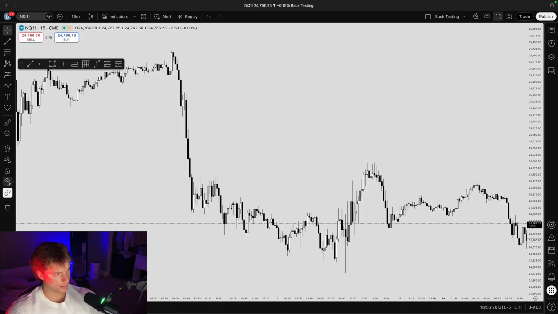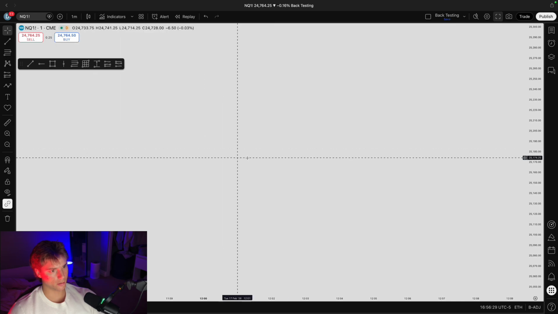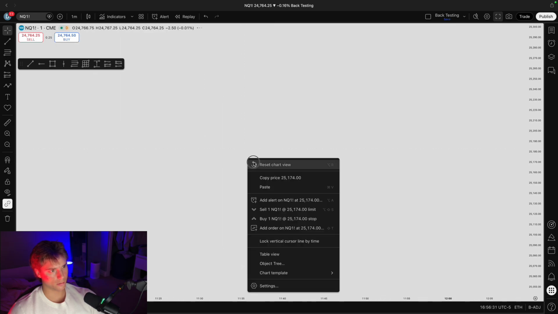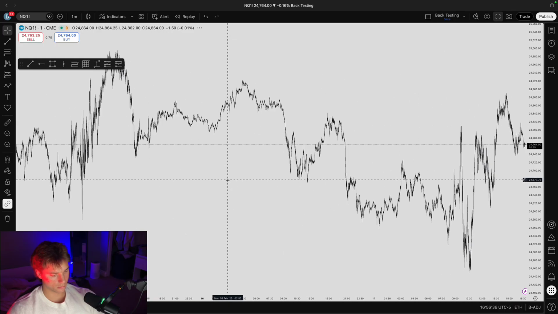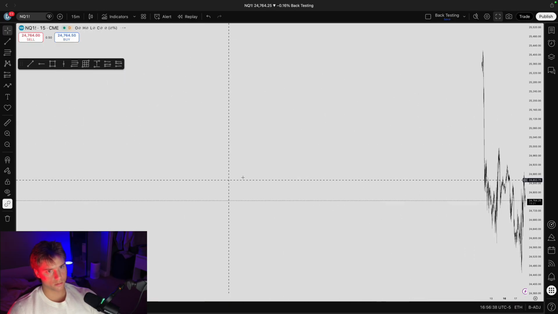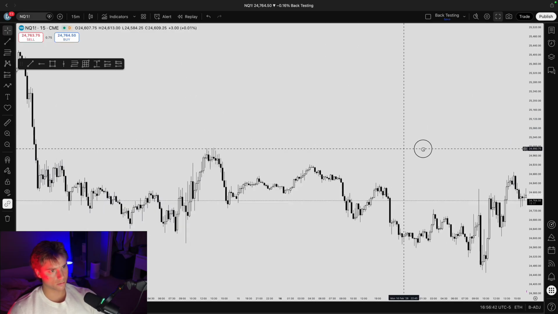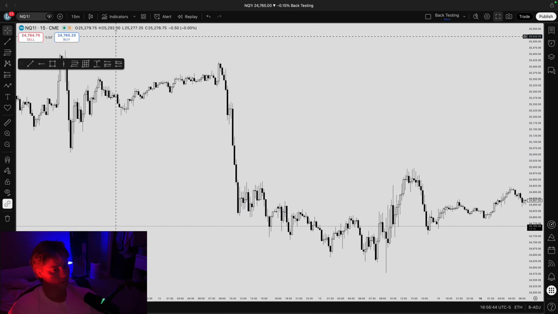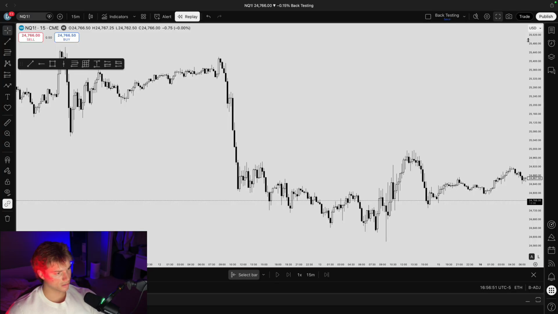Let me see if I can zoom in on this price action right here on the 1 minute. What is going on here?